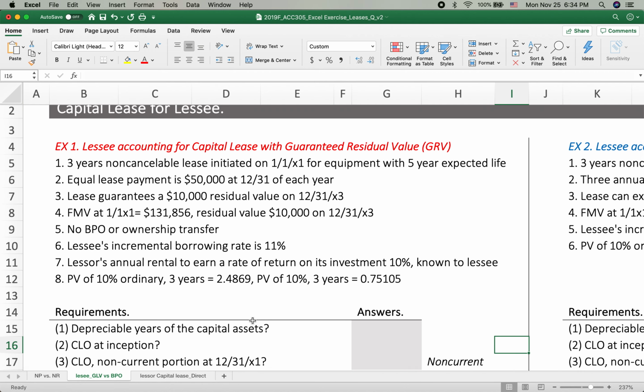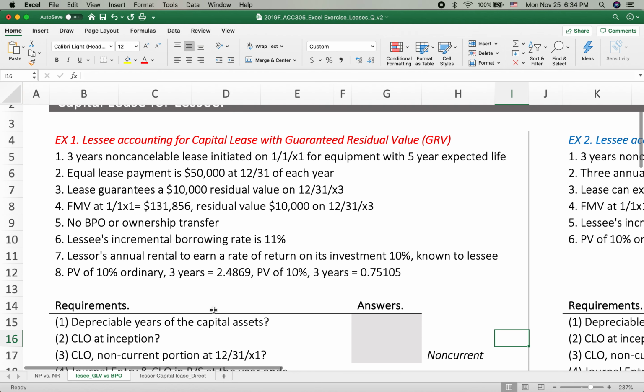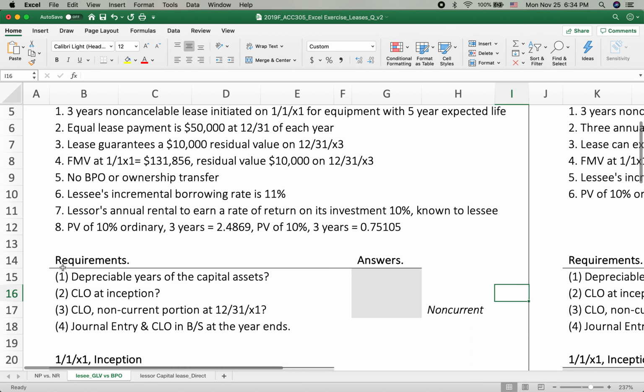Okay, the first step in solving a problem is recognizing it, isn't it? So there are the requirements. The first one is the depreciable years of capital lease assets and capital lease obligation at inception. And the third one is the capital lease obligation, non-current portion, December 31st, year one.